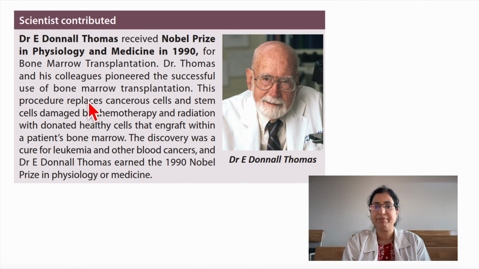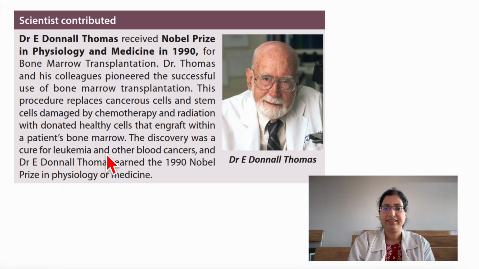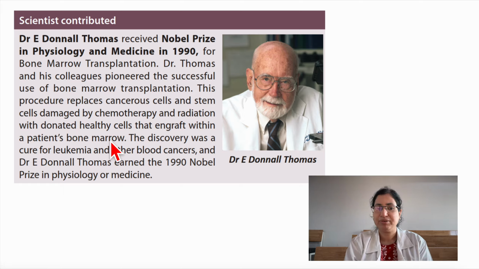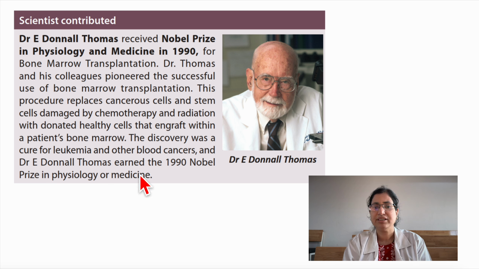This procedure replaces cancerous cells and stem cells damaged by chemotherapy and radiation with donated healthy cells that engraft within the patient's bone marrow. So this discovery was a cure for leukemia, that is blood cancer. This is the treatment for leukemia and other blood cancers. And Dr. E. Donald Thomas earned the 1990 Nobel Prize in Physiology or Medicine.